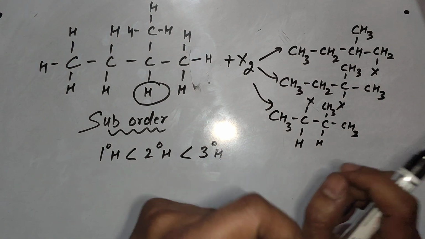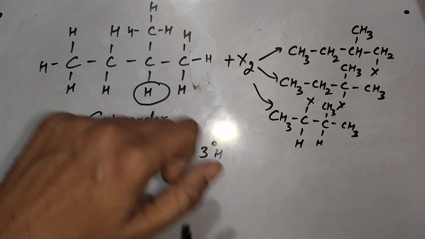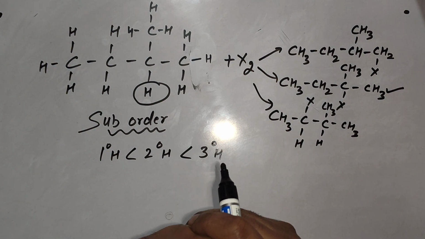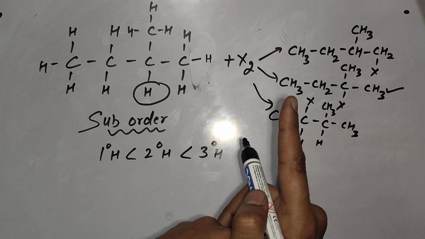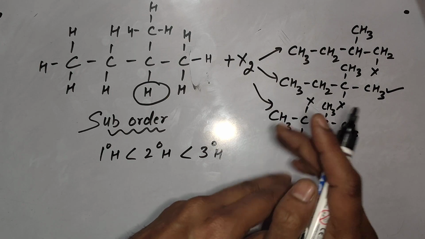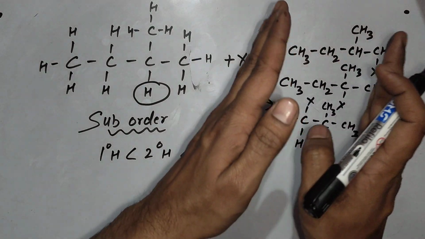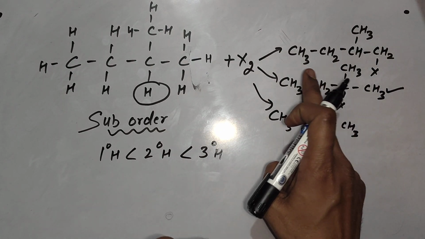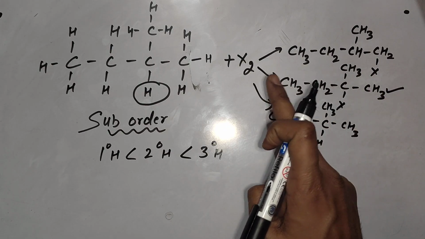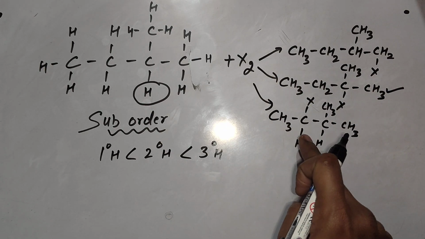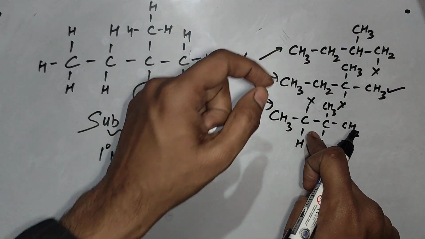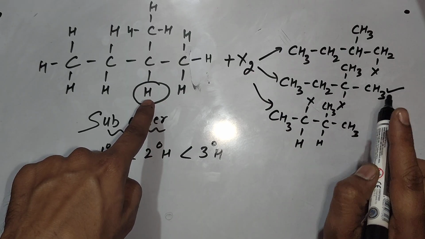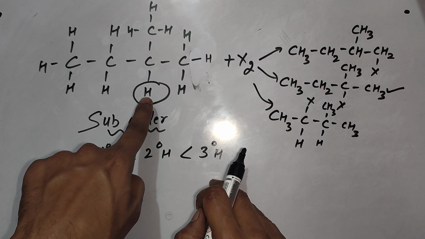Now, out of these 3 products, which will be the major product? The major product will be this one, which is generated through substitution of the 3 degree hydrogen. This will be the major product. This means suppose we have 100 particles of final product. Out of 100 particles, 95 particles will be of this product, followed by this, and the least number of particles will be of this product. This is the major product because it was generated due to substitution of the 3 degree hydrogen.